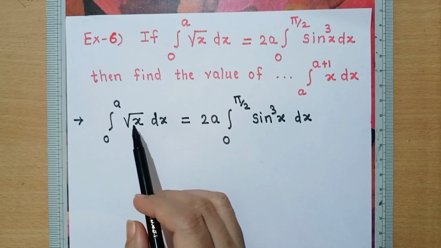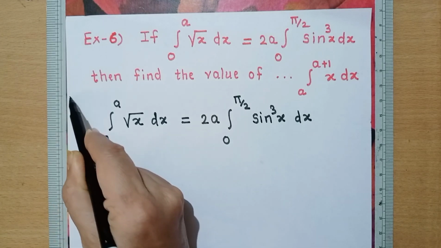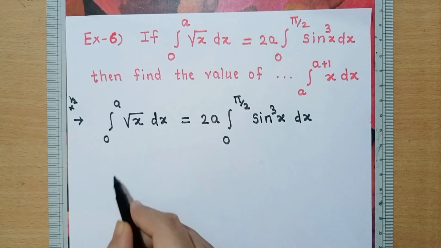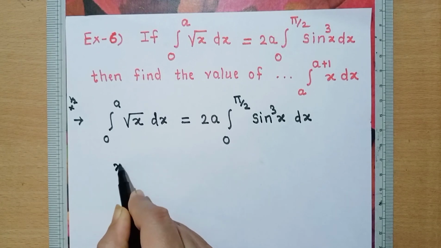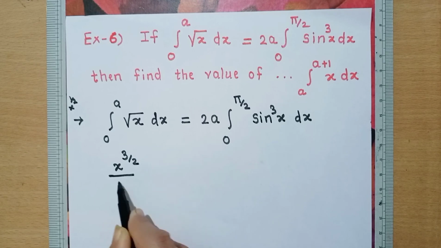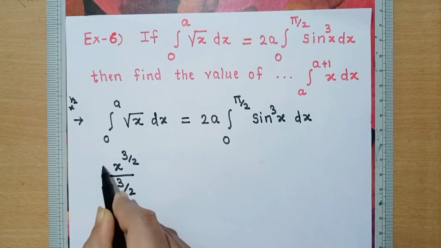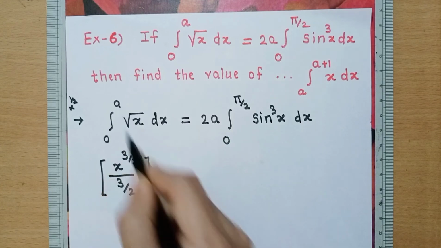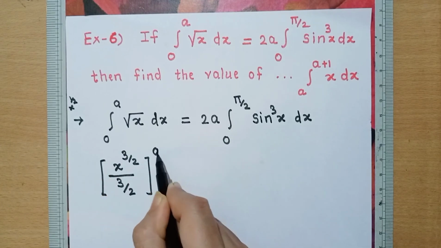Now look here, this root x means x raised to half, and here we will use the x raised to n formula. So its answer is x raised to half plus 1, meaning 3 by 2, upon 3 by 2. We will write this in a box bracket and write down these limits from 0 to a.